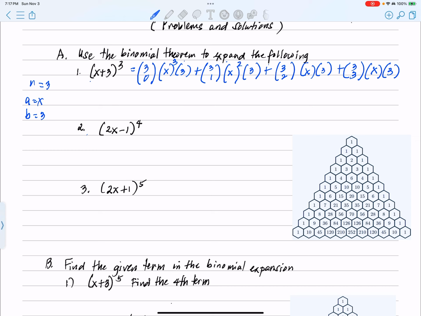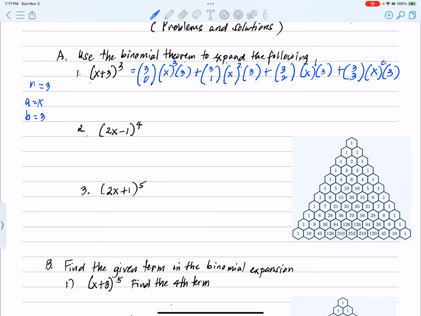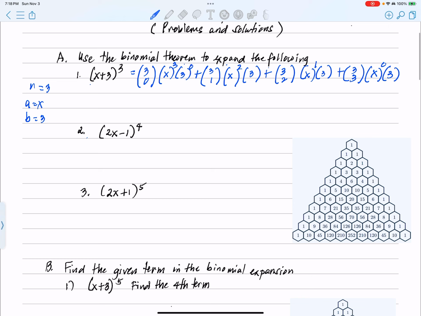Then 1. Then 0. Okay. The second term is ascending. That means from 0 to n. I'll start with 0 here, then 1, then 2, then 3. Take note that when you add the exponents, they sum up to 3.